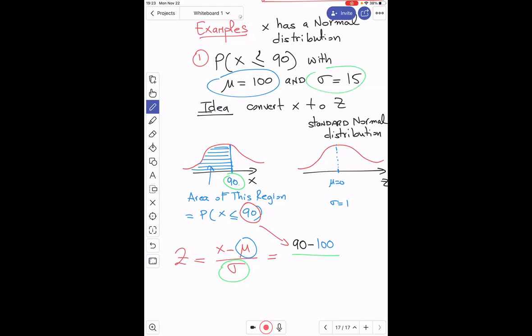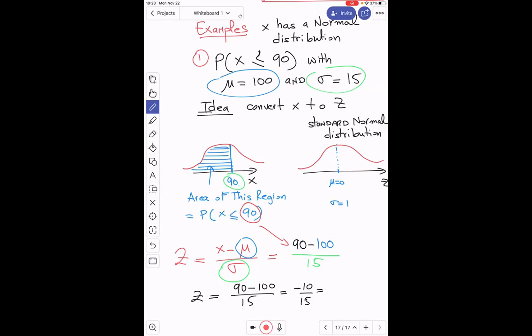So z is going to be equal to 90 minus 100 over 15. 90 minus 100 is negative 10 over 15, so that's negative 2/3.